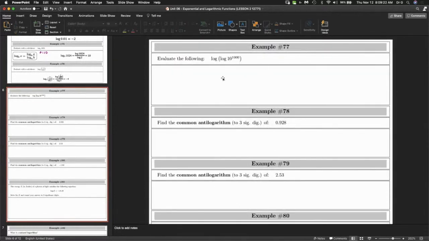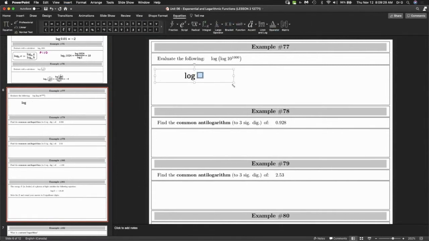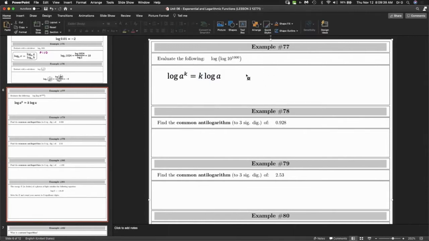This type of question here, we can use the rules of logarithms. So there's a rule here that I'll just remind you about. If you have log of a to the k, it doesn't matter what the base is. That's k log a. That's a rule from last week. Let's see if we can apply it to this question.